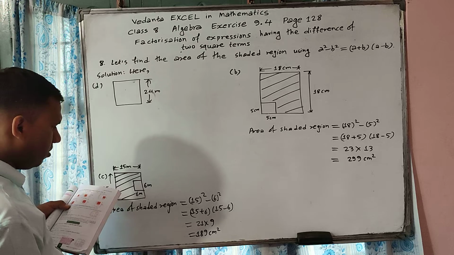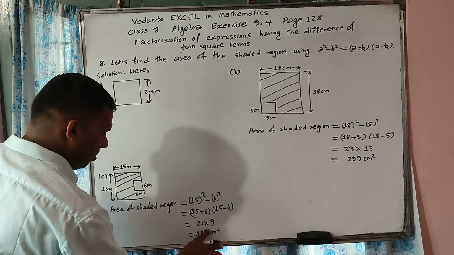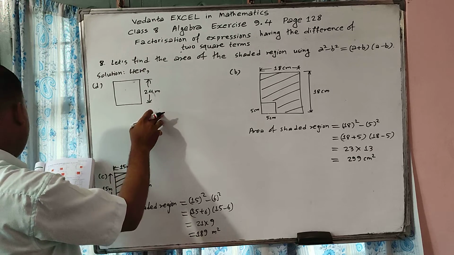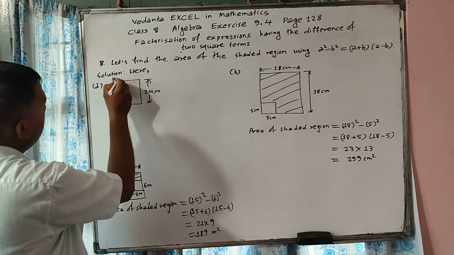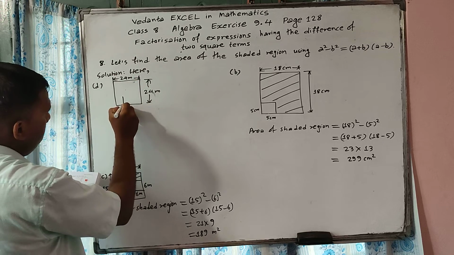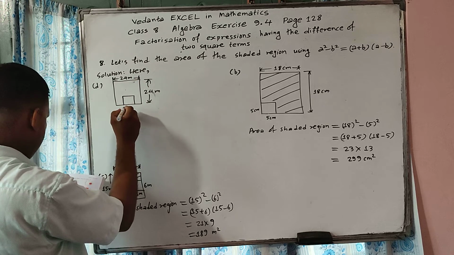The unit is meter square. 24, 24, 10. This is also 24. And here is 10, 10.